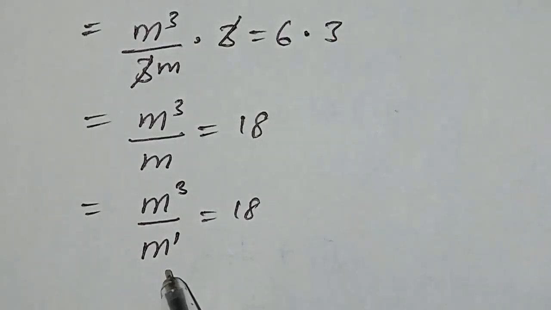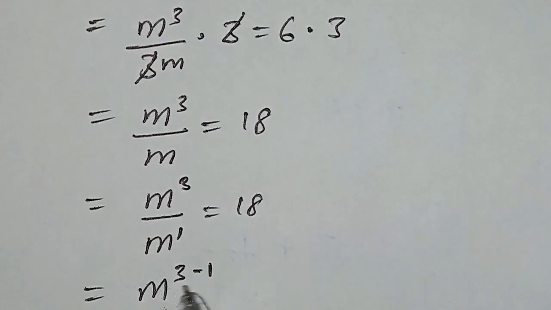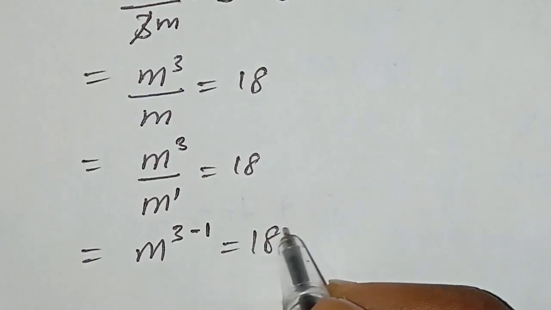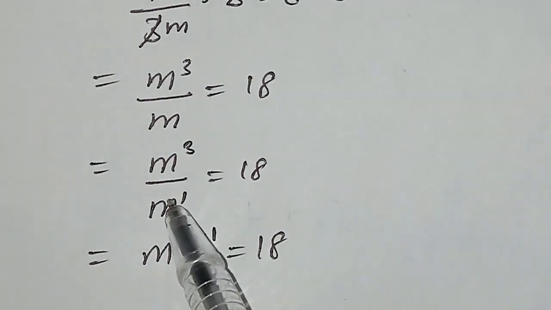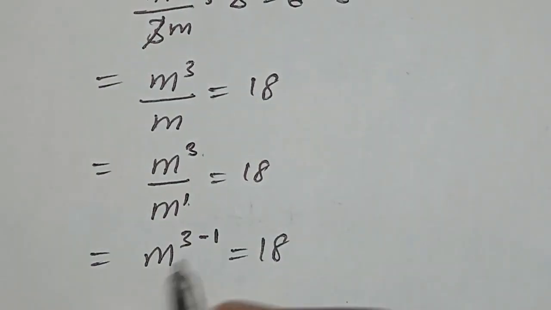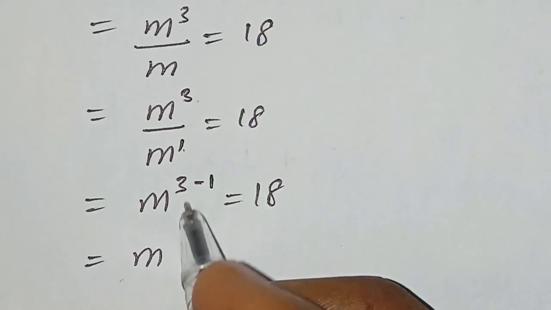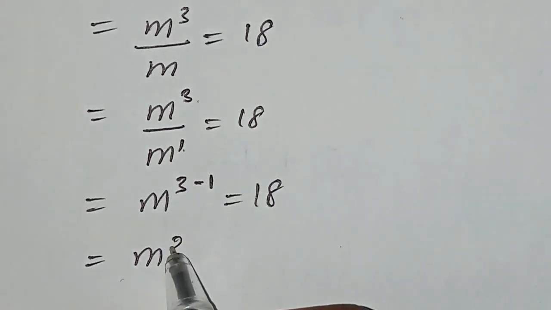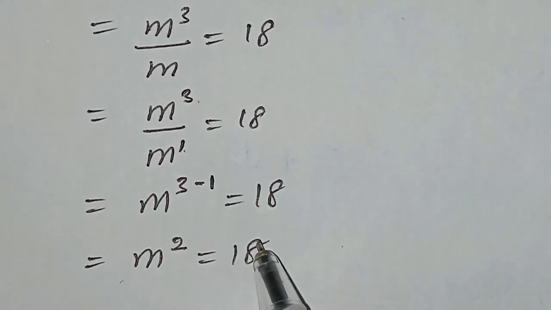So considering the rule of exponents, this can then be written as m to the power of 3 minus 1 equal to 18. If we have an expression of this nature, the powers will be subtracted. So we have m to the power of 3 minus 1, which gives us 2, equal to 18.